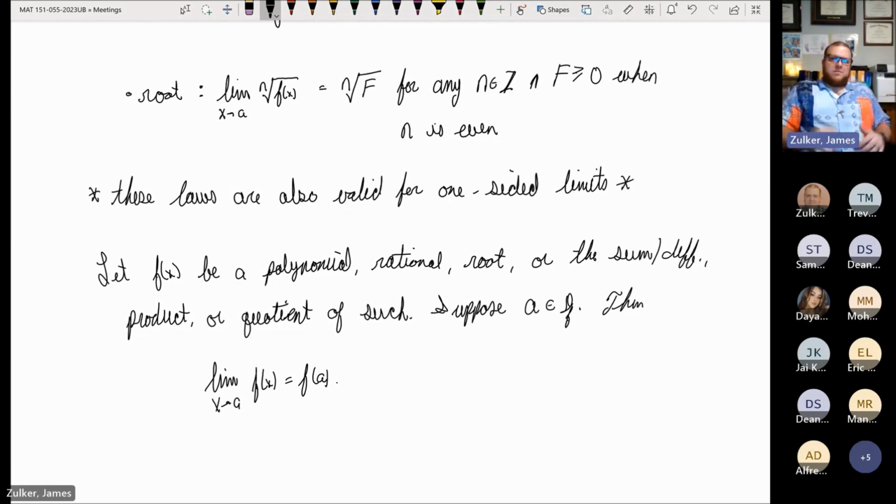Right, so as long as the limiting value, what we're approaching, is in the domain of our function, of our polynomial, rational, root, or combination of them, then direct substitution applies. The limit as x approaches a of f of x is just f of a.